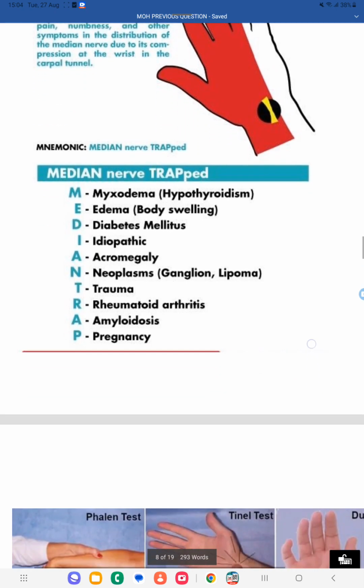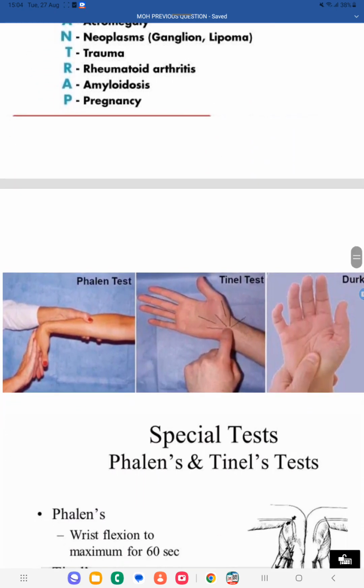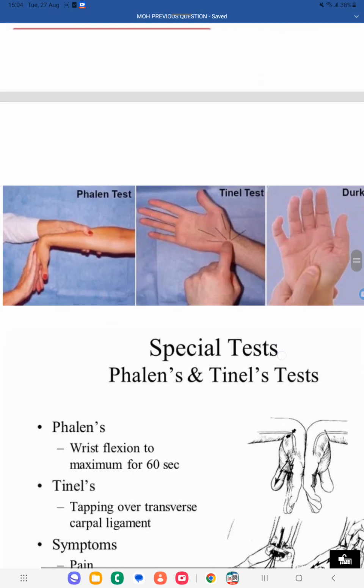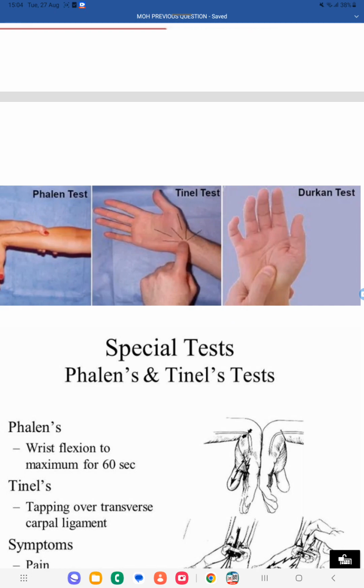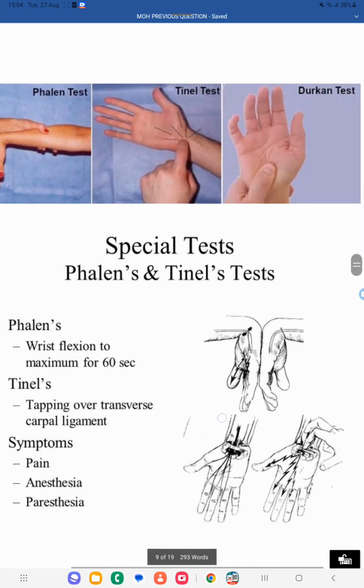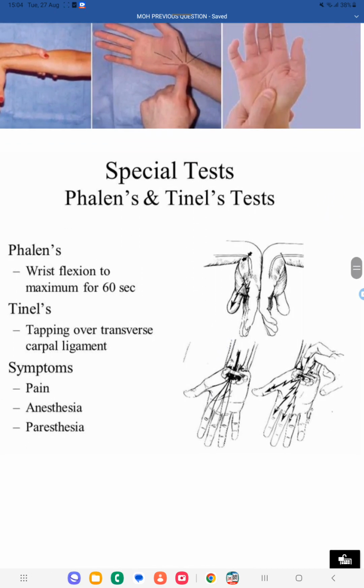Okay, what are the tests we can do for identifying carpal tunnel syndrome? That is the Phalen test, Tinel test, and Durkan test. Phalen test means, as you can see in the picture, the wrists are flexed to the maximum and held together for 1 minute.